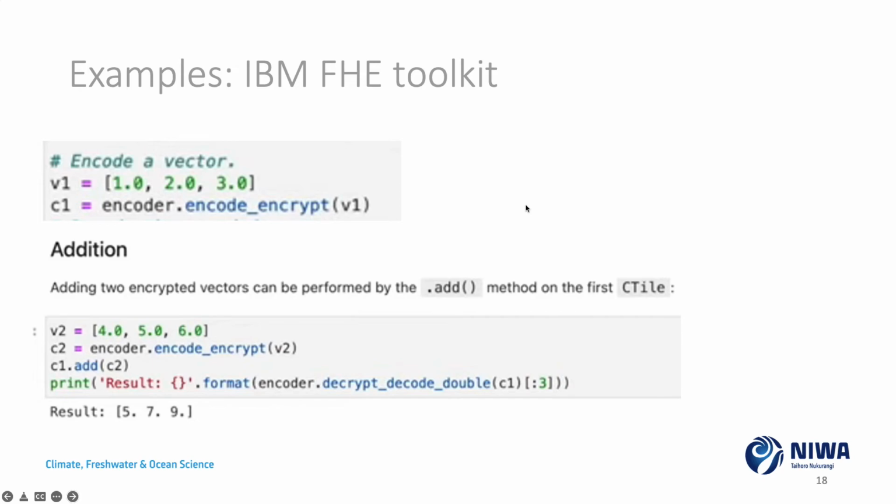But I want to show you one of them. So the IBM one that I mentioned is probably the easiest one to understand. In this case, I would have one vector, and I want to perform an element-wise addition between two vectors. So 1 would be added to 4, 2 would be added to 5, 3 to 6. You can make the calculation there.